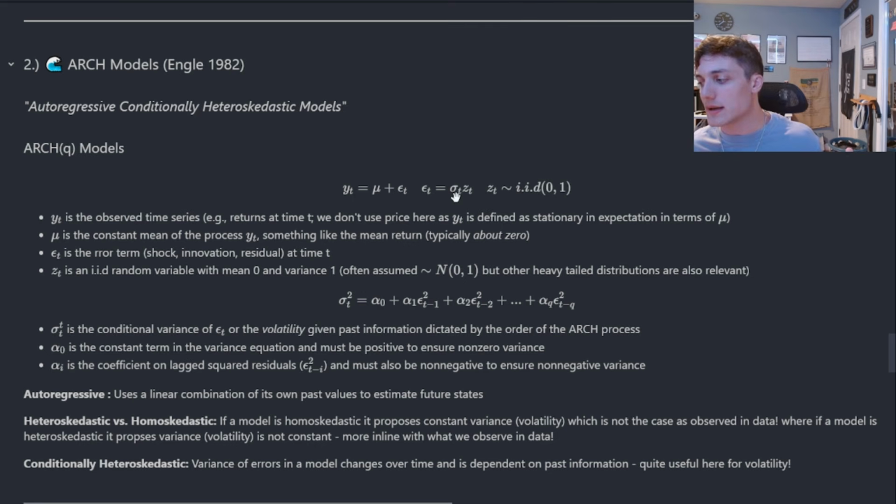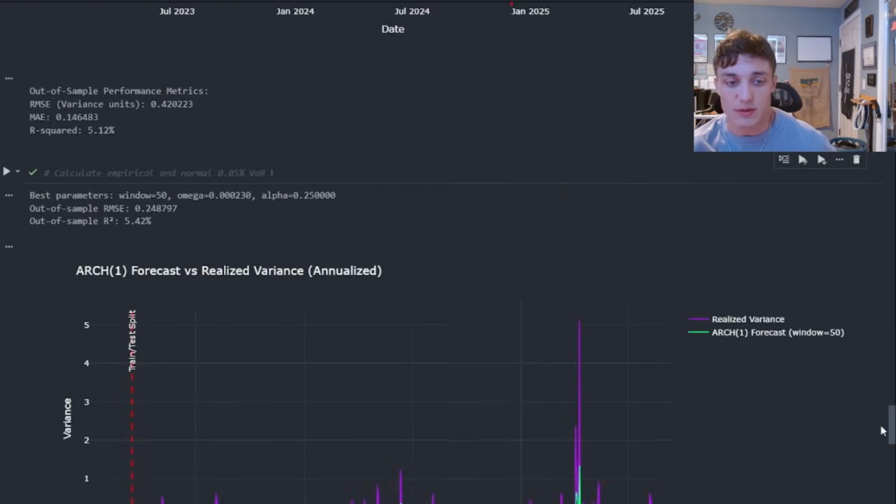So now all of a sudden, it's a series of Gaussians, if we're using that for our z sub t innovation, with time varying variances. And that is what is going to help us account for those fat tails. That is what is going to help us account for that excess kurtosis. And that is why this is so substantial.